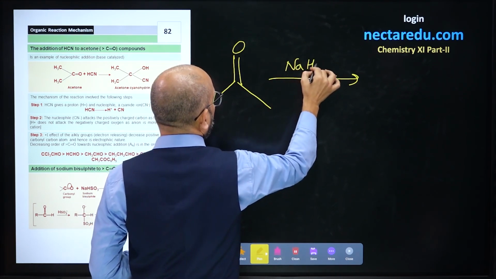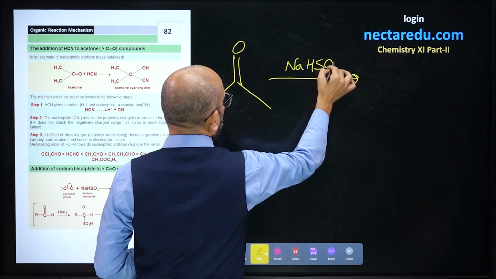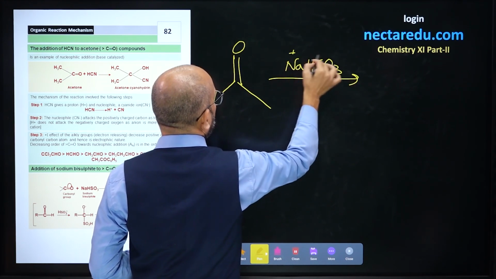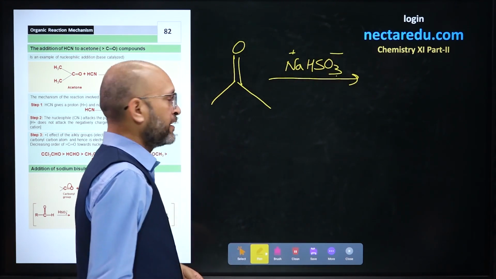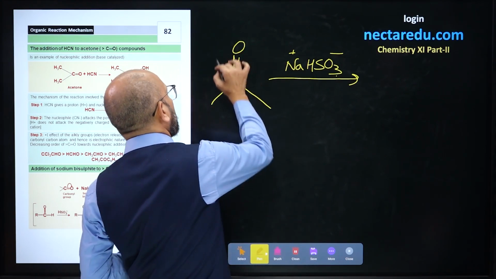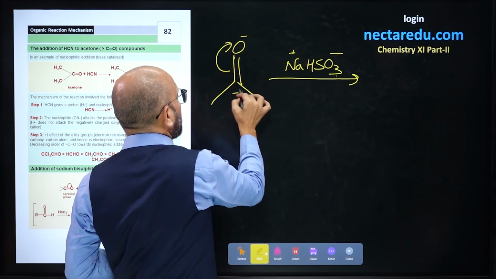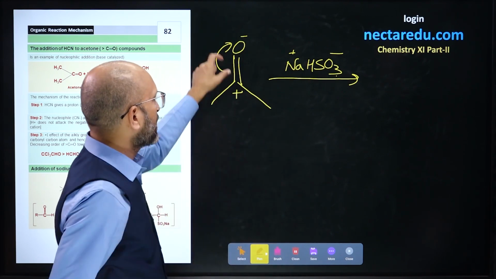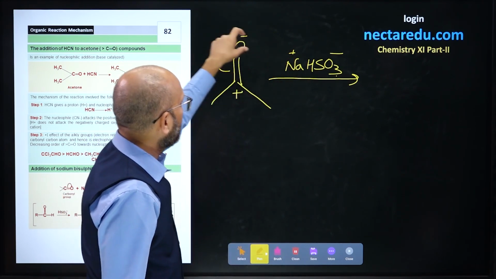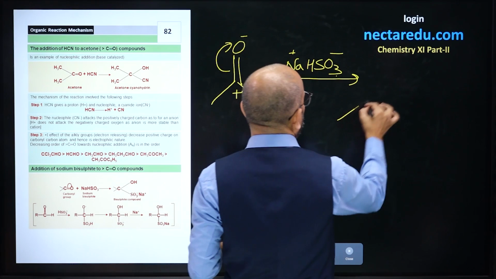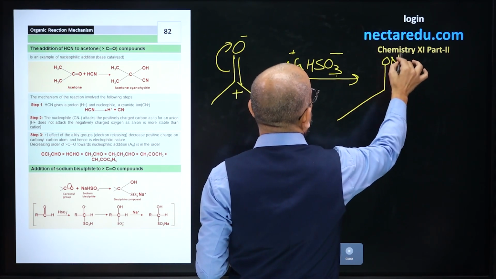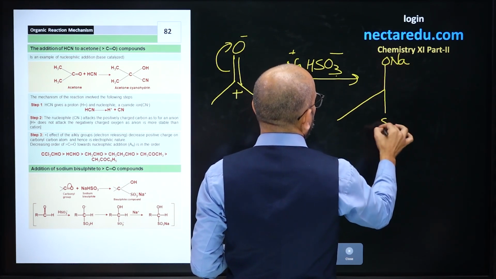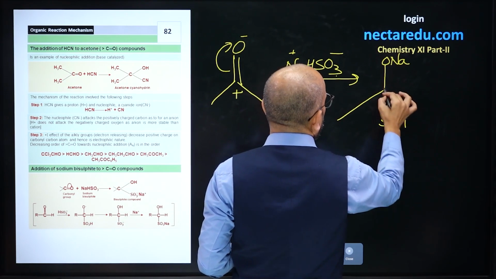I think you will agree with me that it ionizes into Na plus and HSO3 minus. Now, this will break like this, minus and plus. The negative attaches to the positive carbon and sodium will go to the oxygen atom. So we get ONa and SO3H, right?